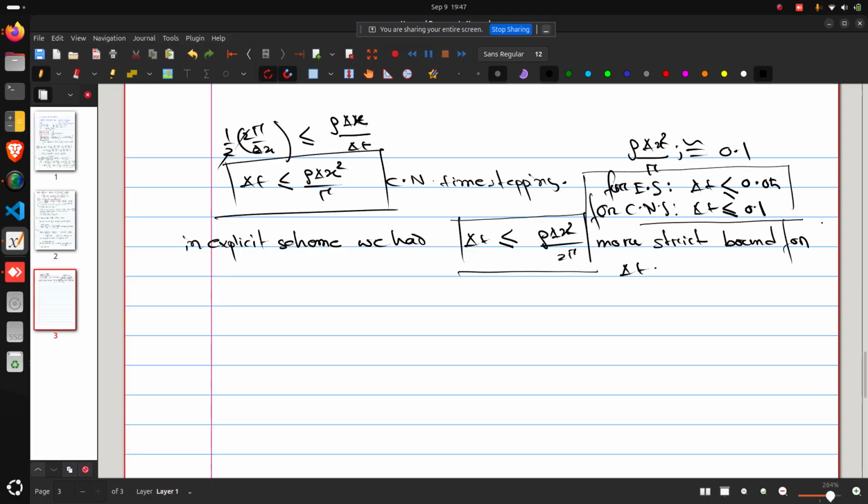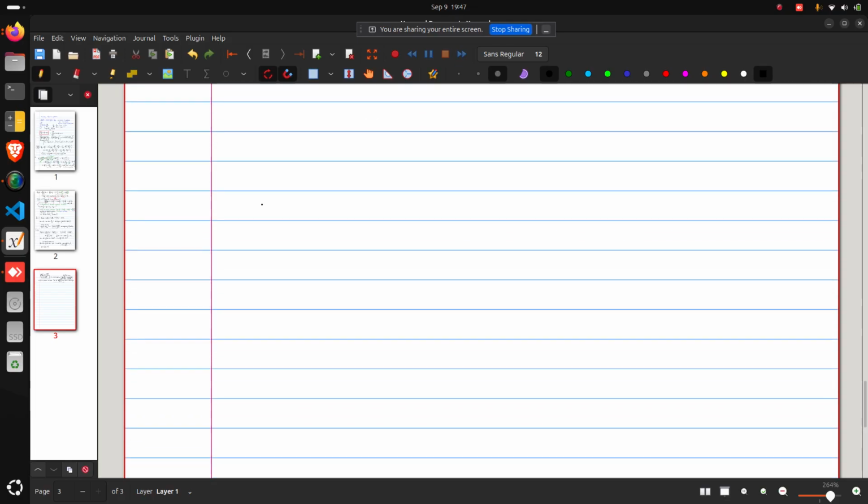So we can take a higher value of delta t while maintaining the boundedness of the solution. But why does this matter actually? This matters because of the more delta t you will take.